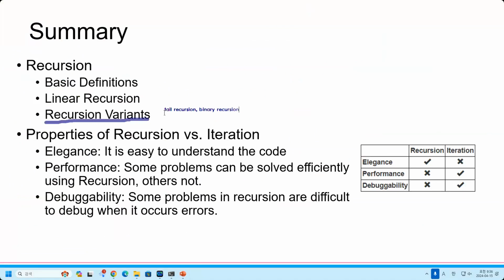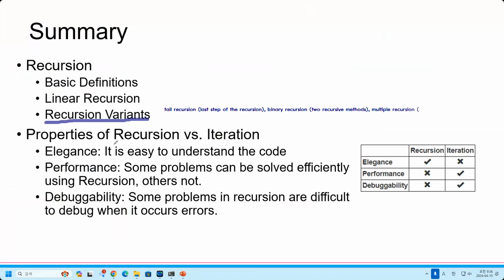For tail recursion, it happens on the last step of the recursion. And for binary recursion, we have 2 recursive methods. If we have multiple recursion, it means it has more than one. There might be 3 recursive methods, there might be 4 recursive methods, and so on.